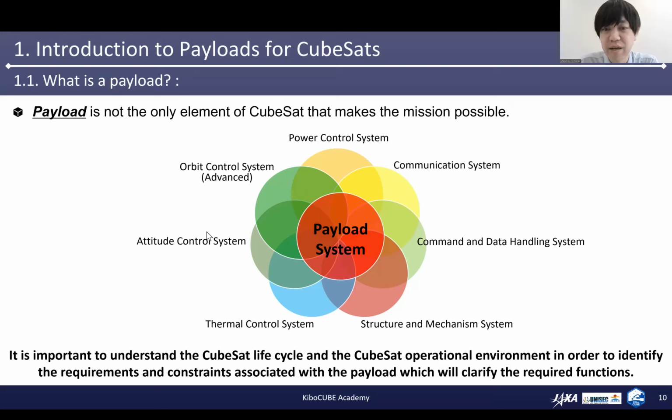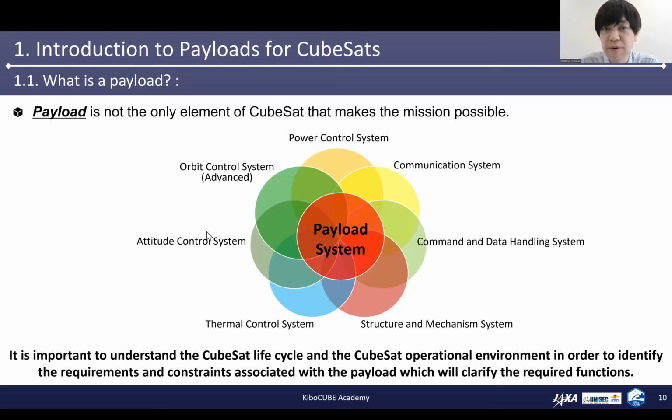This slide attempts to explain the relationship between CubeSat subsystems, which are closely related to each other. I have put the payload system in the middle on the top of all the subsystems.